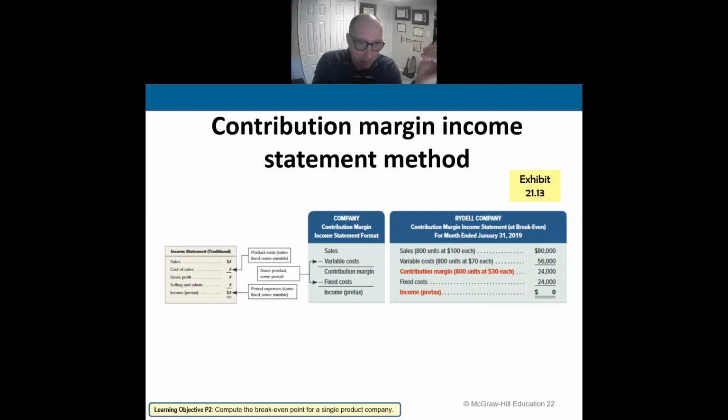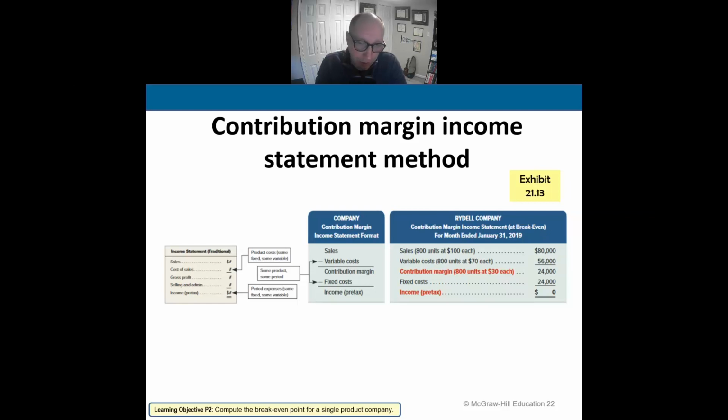So sales minus variable costs equals contribution margin, minus fixed costs equals net income. So if I look at this example, sales 80,000 minus variable costs 56,000. How did we get 56?